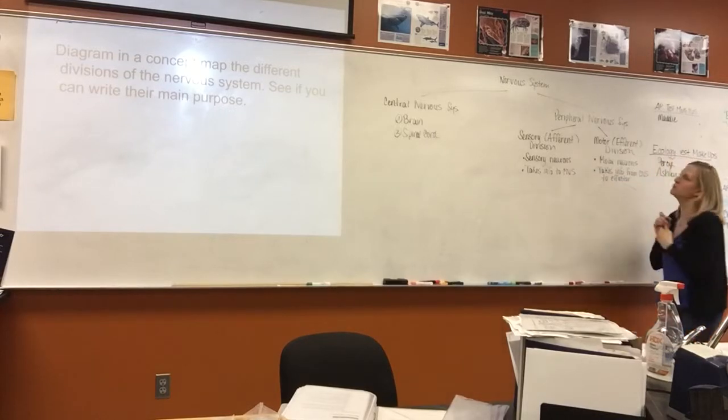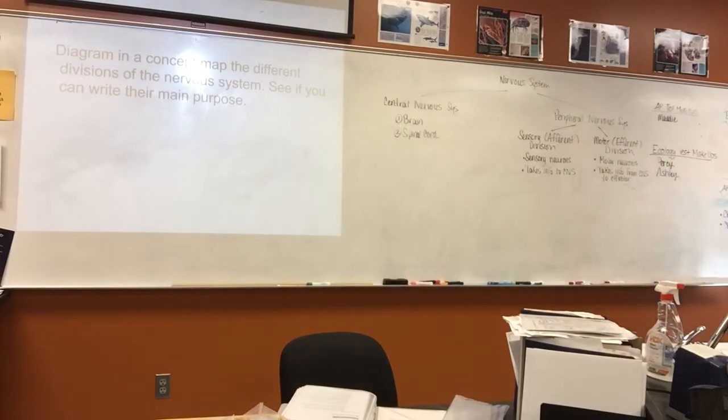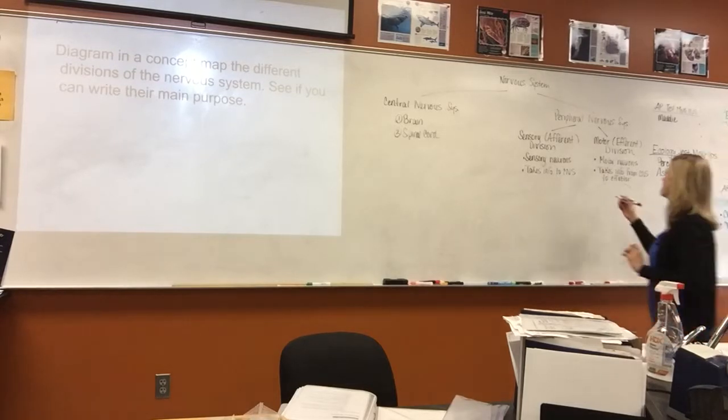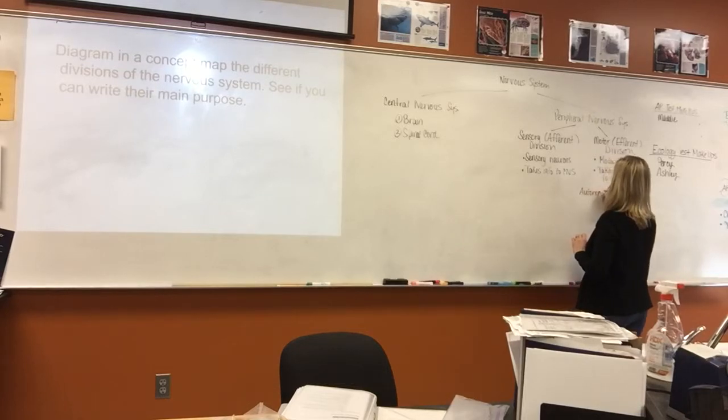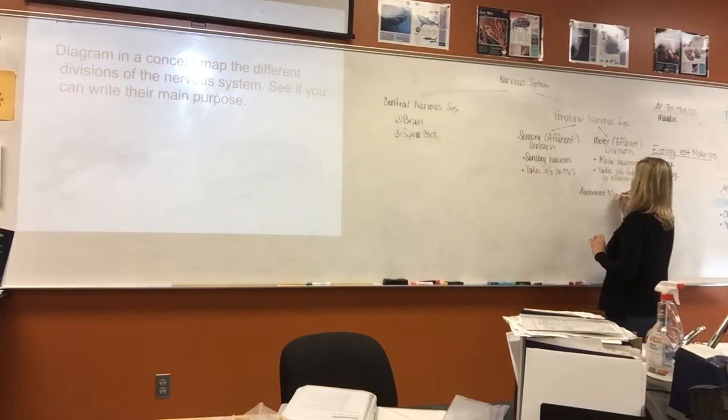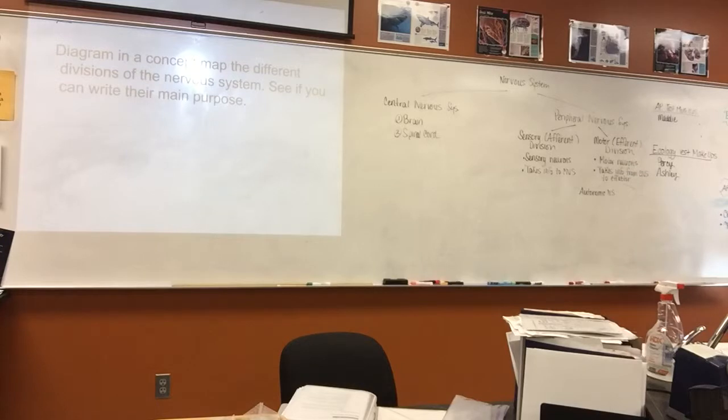subcategorizes into two divisions based upon what it's communicating with and whether or not it's voluntary or involuntary. Do you know what they are? Yeah, the involuntary is your ANS, where A stands for autonomic. I'll just put NS for nervous system.